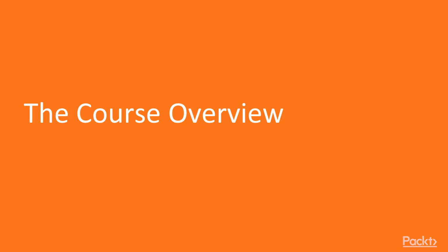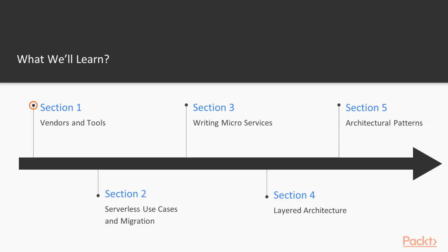And in this course, we will be discussing how you can use that technology to build complex architectures to address many issues and many projects that can arise in the new landscape of software development. First, we are going to introduce the main vendors and the main tools that are available on the market.